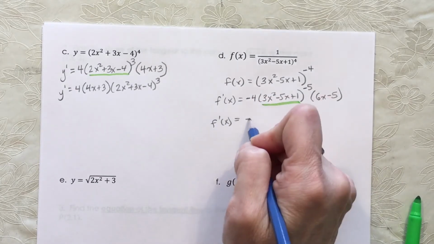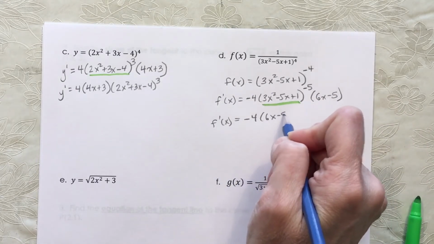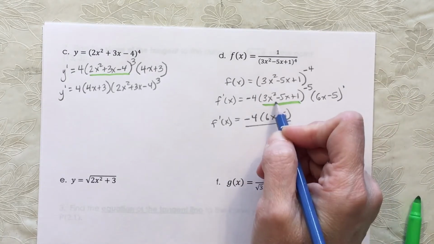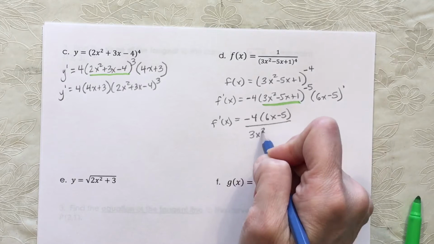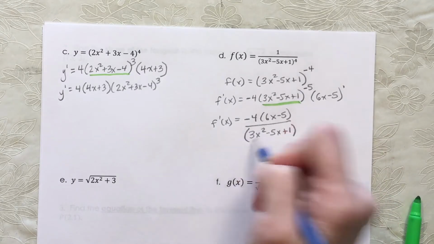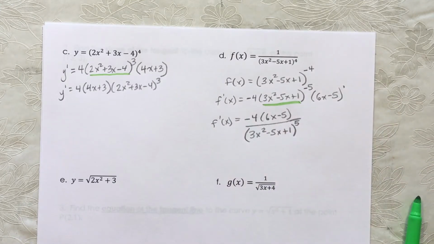So the -4 is going to stay in the numerator along with the 6x minus 5 binomial because it's to the power of a positive 1. But we're going to put the 3x squared minus 5x plus 1 in the denominator, and instead of having an exponent of -5 in the denominator, it would have an exponent of positive 5. So that's simplified factored form again.